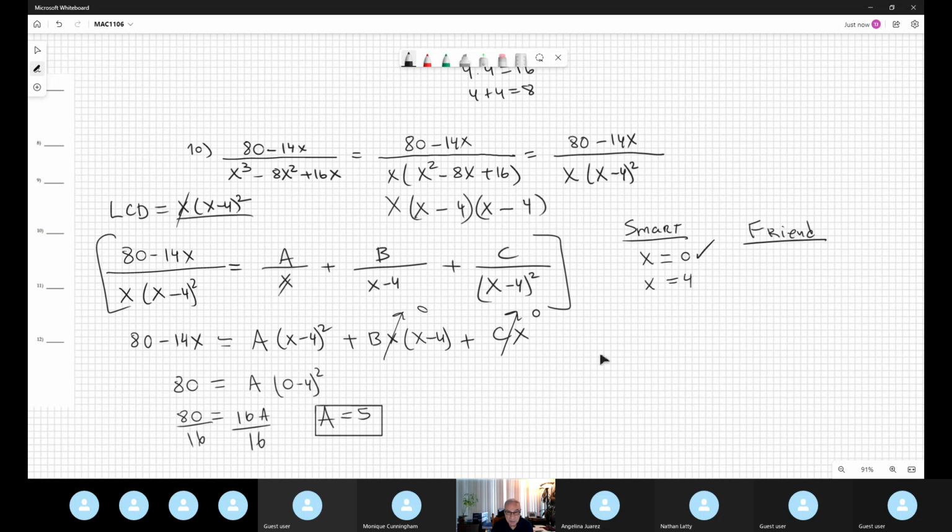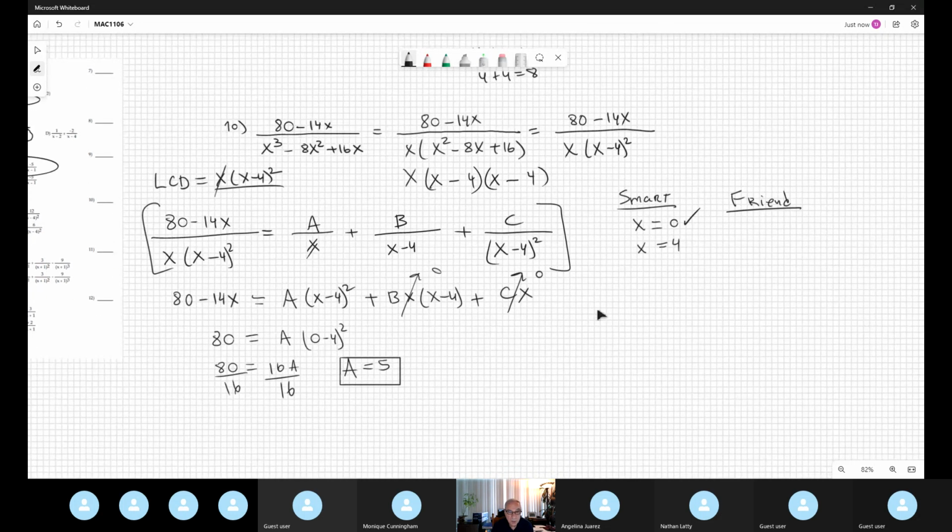Let's move on to the smart value 4. Again, we come back, remember, to the important equation after the multiplication by the LCD. So 4. Let me try 4. 80 minus 14 times 4. So you replace x for 4 here. A disappears, but I don't care because I have A in my hand, and B disappears because 4 minus 4 is 0.